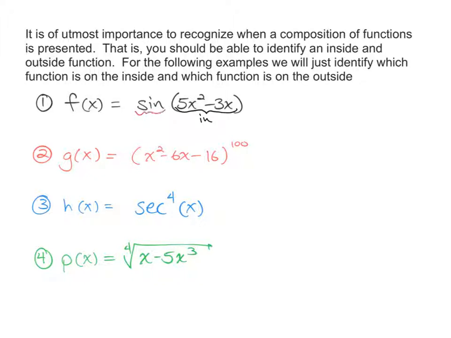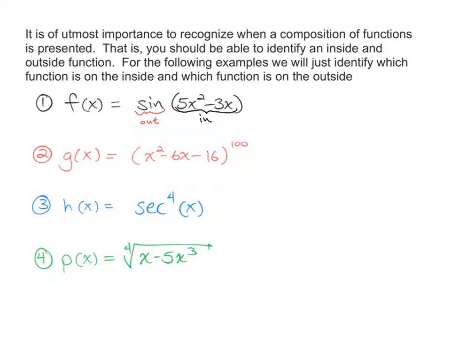So here for the sine, we will say this is on the outside. And so what this allows us to do when we start actually looking at the chain rule is it will allow us to actually find this derivative pretty simply.